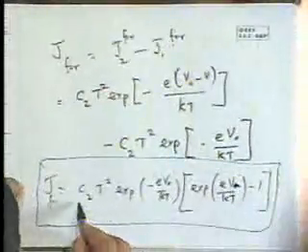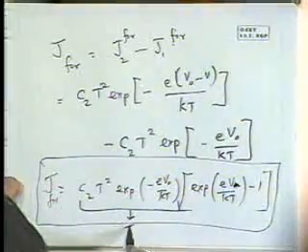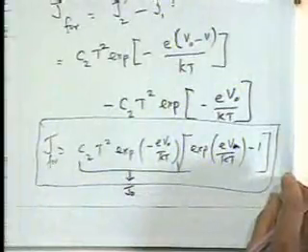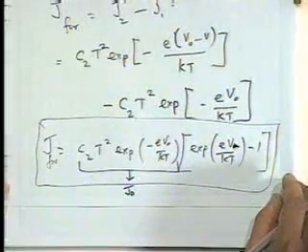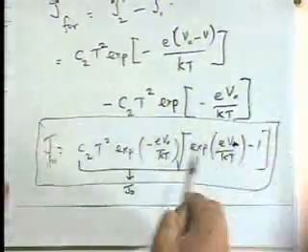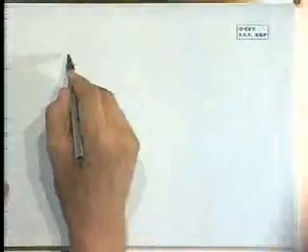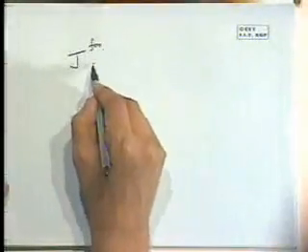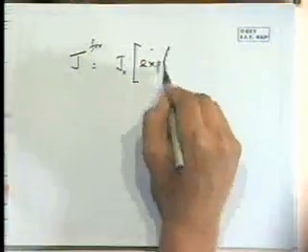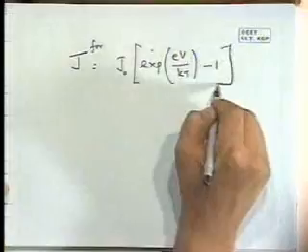So we can then put this whole term here as J naught, just clubbing it together because it doesn't have a voltage dependence, though there is a temperature dependence. The voltage dependence is here. This doesn't change. So we can rewrite this equation as J in the forward direction is equal to J naught exponential EV by kt minus 1.